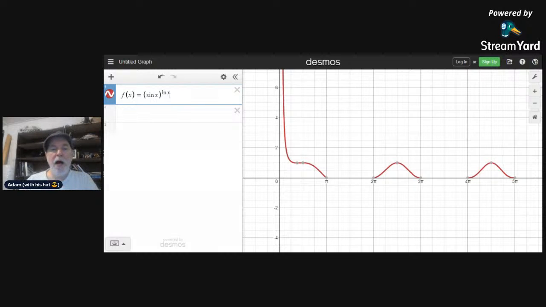So I mean, that would be another exercise to take a limit here to show, because as x gets closer to 0, sine x gets closer to 0, but the log of x gets bigger and bigger.